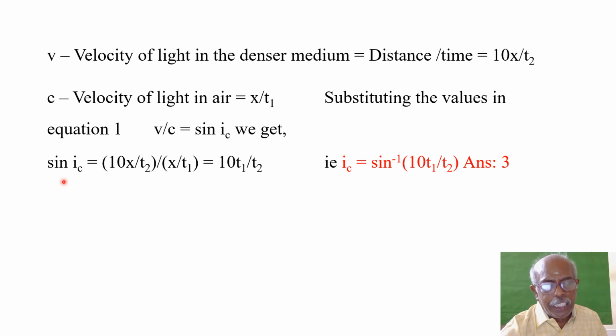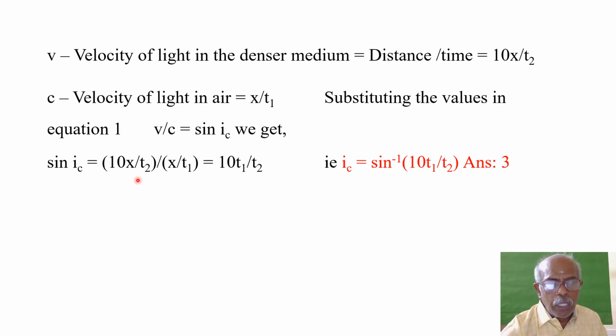So sin IC is equal to v, which is 10x divided by t2, divided by c, which is x by t1. So instead of dividing, you can invert the denominator: it is t1 by x and multiply.